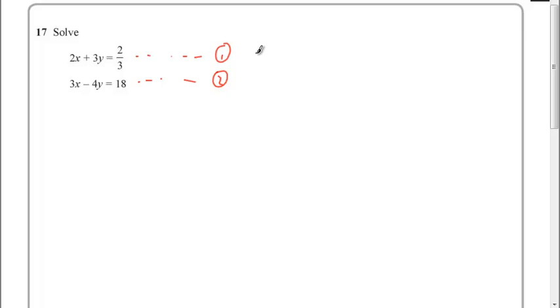Right, so multiplying by 3 gives this. 3 times 2x, 6x. 3 times 3y, 9y. And then because we're multiplying by 3, that just becomes 2.